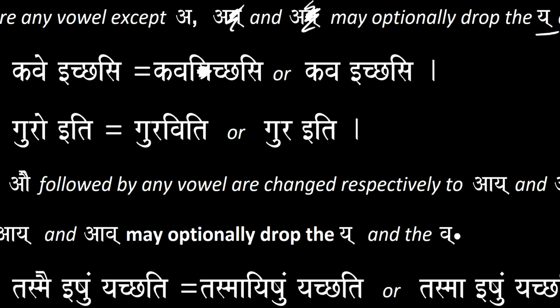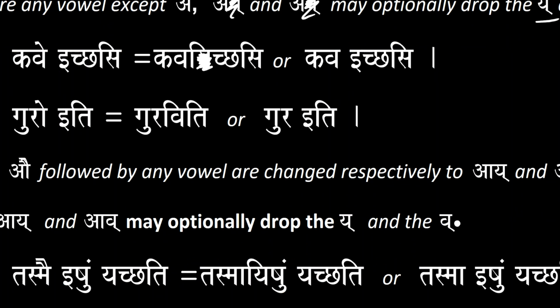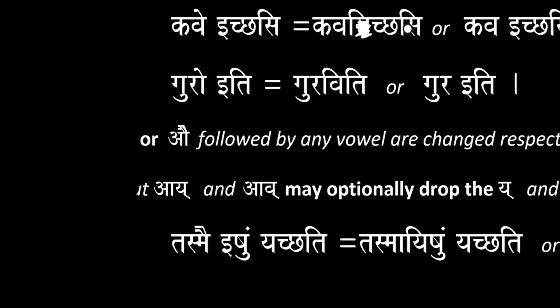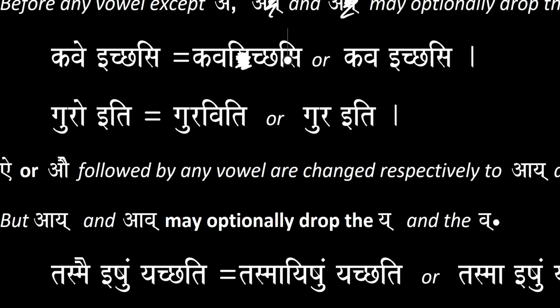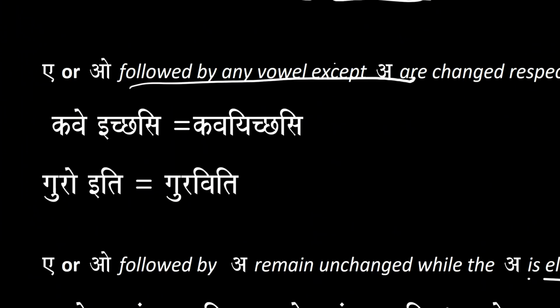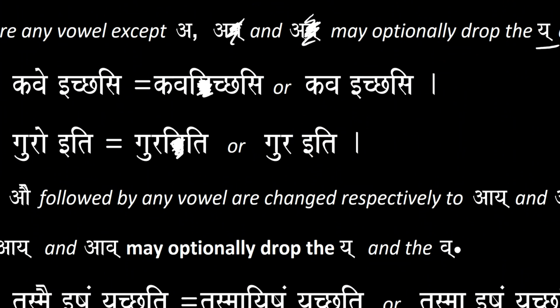You could completely take away this ya, and you could just keep it as kava ichasi. Same thing for here. Instead of gurav iti, you could change it to gura iti, because you're taking away this va. Okay? Back to the earlier example that we went over. So you have the option to take away this va.